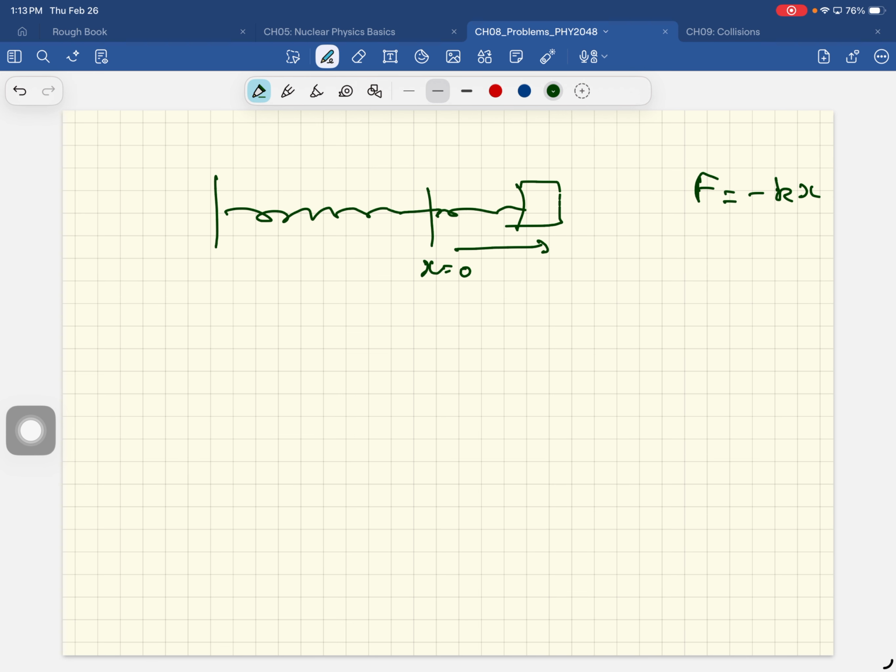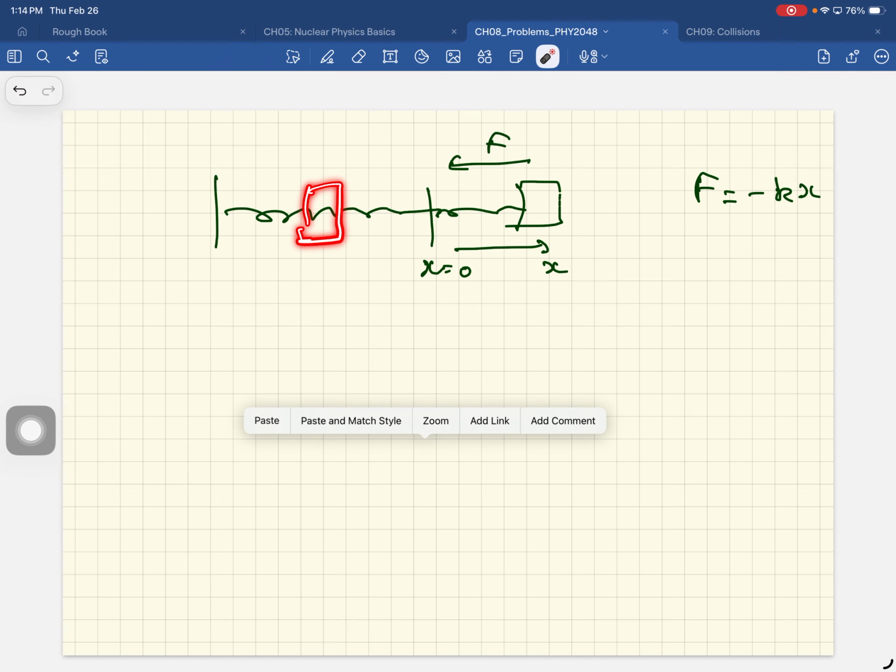For positive x, the force is negative. So when x is positive, the force is negative. Spring constant is a positive number. When x is negative, the force is positive.